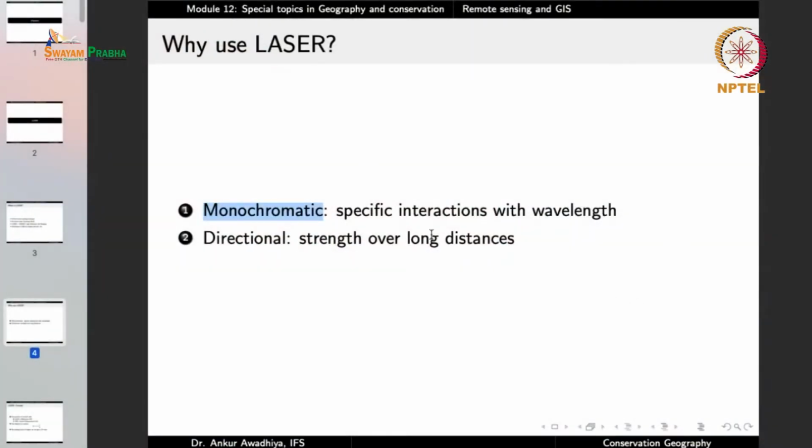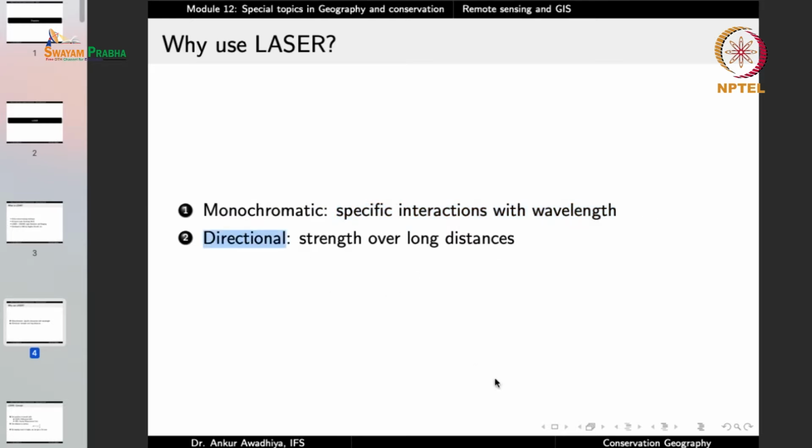It is not a combination of lights of different wavelengths. It has one specific precise wavelength. And so if we want to study the interaction of that particular wavelength with the object, we can very well make use of a laser. So there are specific interactions with that particular wavelength.